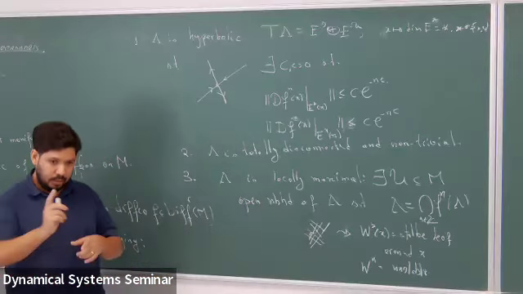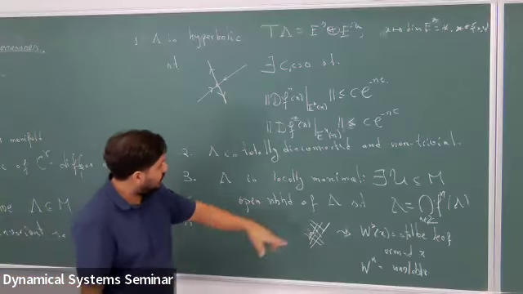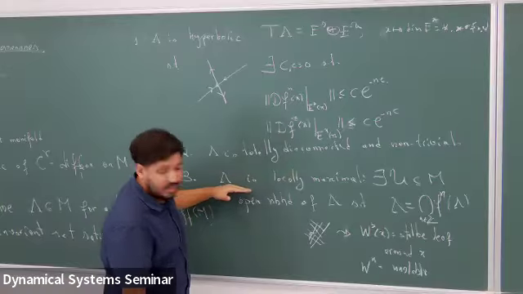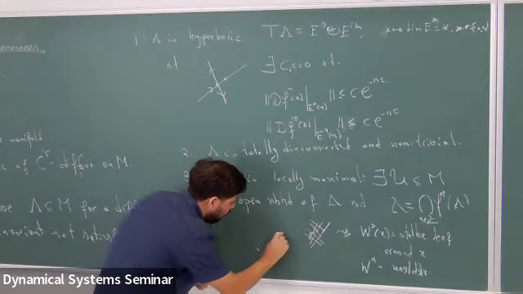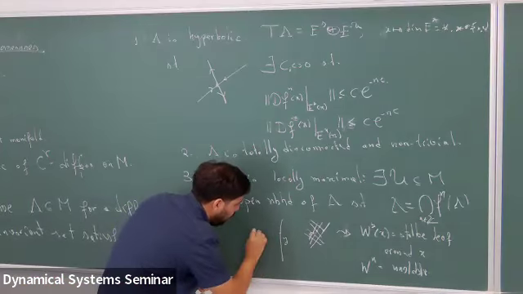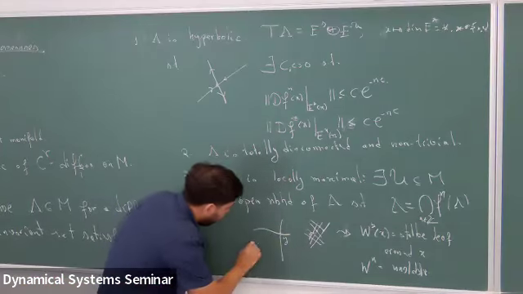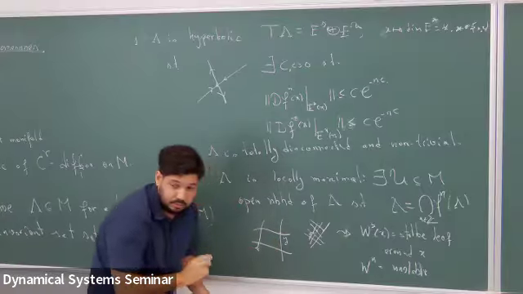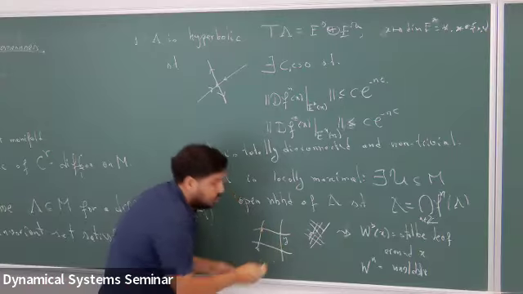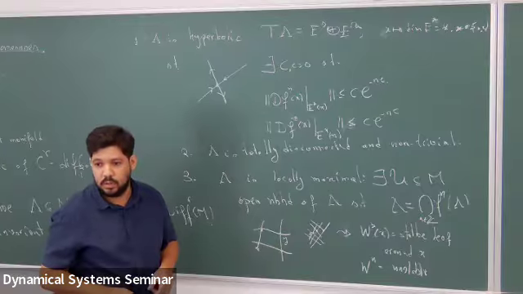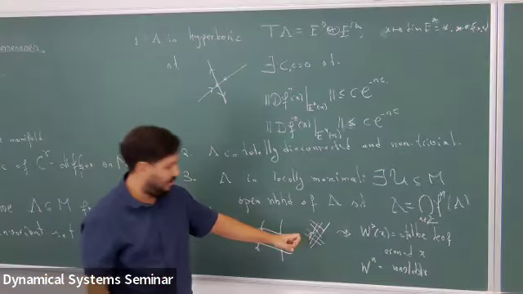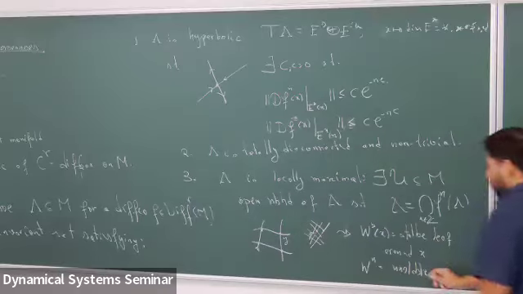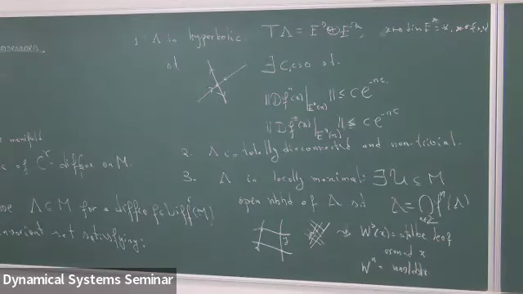Let me clarify that. Thank you for pointing out that the third property is equivalent to saying that for each pair of points x and y, if you look at the stable and unstable laminations, they intersect each other transversally. Moreover, these intersection points lie in the hyperbolic set. And that's the reason I'm saying that's the picture that you see locally. Sorry for the confusion. And that's a consequence of property 3.